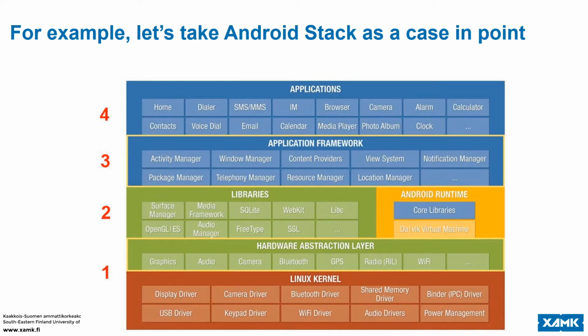This complexity of computer and software systems is probably best illustrated with a real-life example. So let's take, for example, the Android operating system for mobile phones as something to look at. You can see here that the Android operating system consists of many layers of different components.